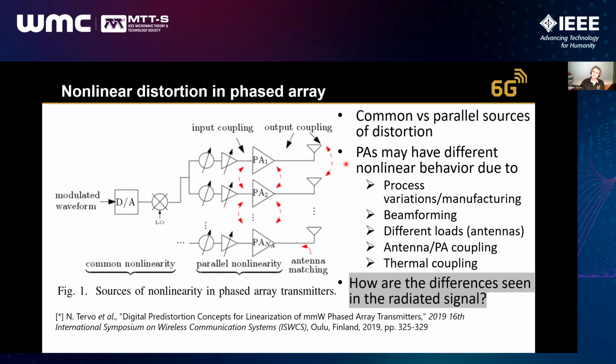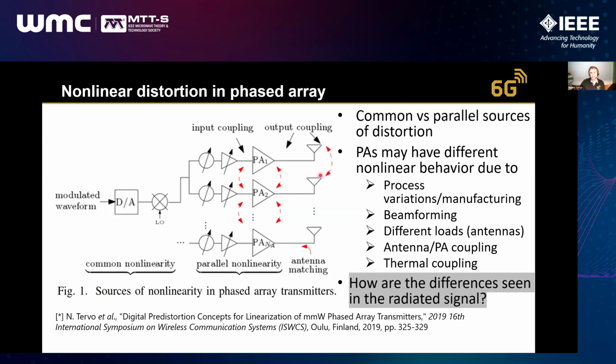Then you may also have different loads. At these high frequencies, power amplifiers drive antennas quite directly, and antennas may have differences in the matching. Even small differences there can have an impact on the PA behavior when you go to the very nonlinear region. So that may cause differences. And even if that is solved, you have another problem at higher frequencies, because if you don't have isolating elements between the antenna and the PA, the power amplifier in one path actually sees signals also from the other power amplifier paths and other antenna paths, because you have finite antenna isolation.